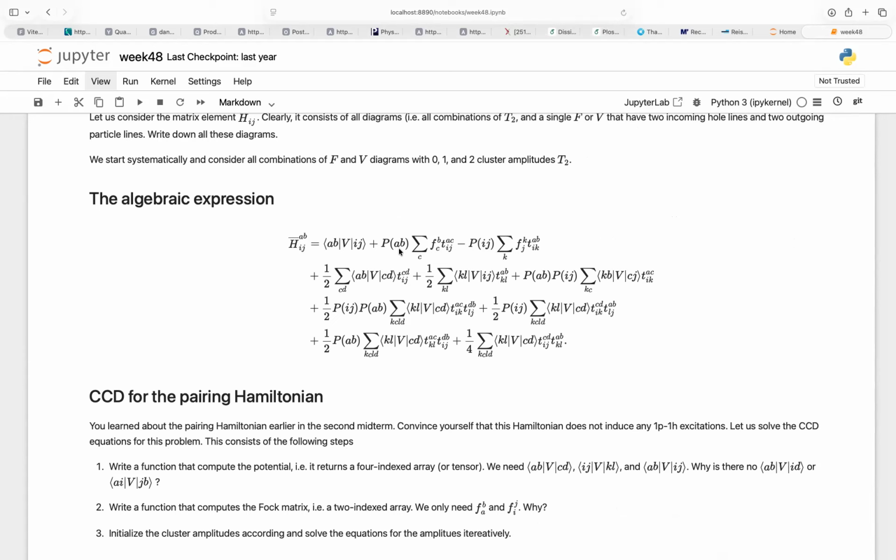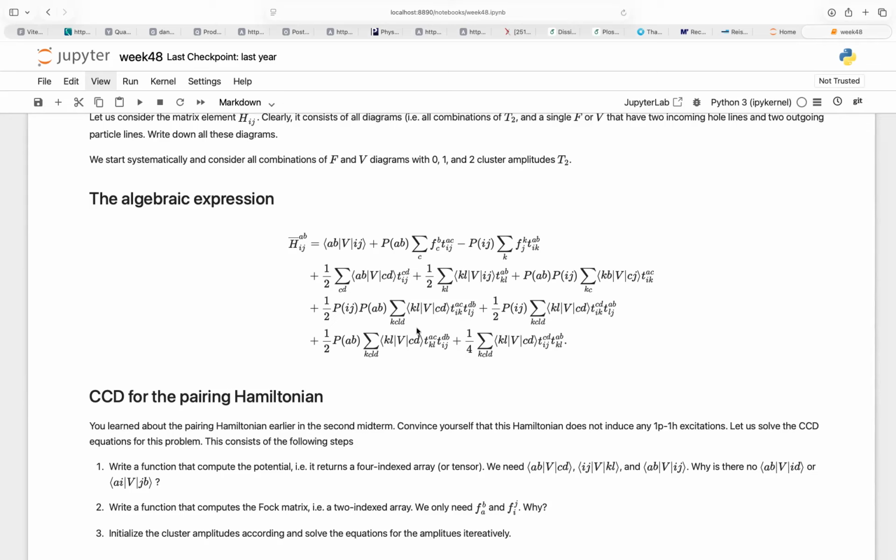It can be placed on the line with particle A, but it also has to be placed on the line with particle B. So this P_AB is just an interchange of A and B, and the same with the hole states. And then we have the two particle intermediate states, the two hole intermediate states, and this is the particle-hole intermediate state. And then we have the four terms with the amplitudes to the power of 2.